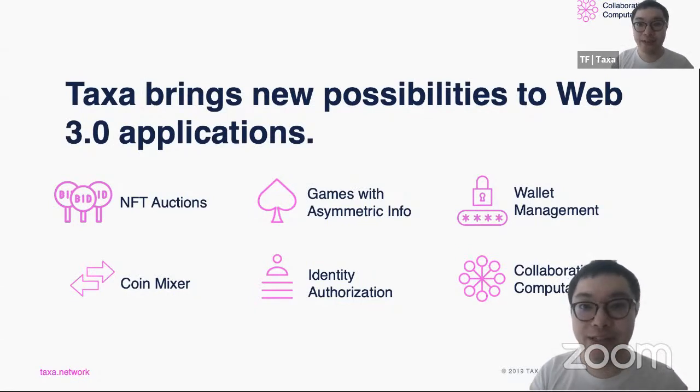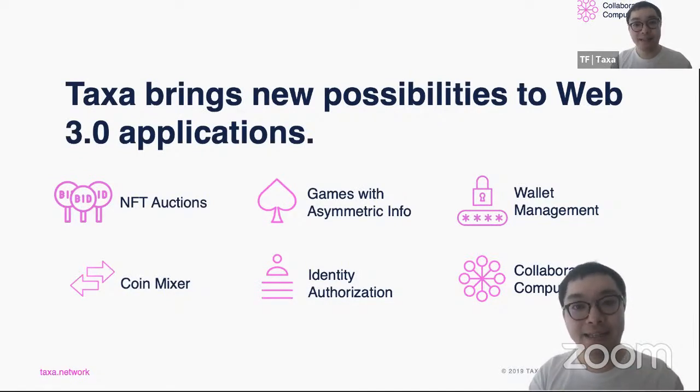For example, in the NFT field, we can implement blind auctions instead of on-chain auctions, which come with a high gas fee and are also not entirely fair. And we can put the auction process off the chain, interactive and privacy preserving. And games also contain a lot of use cases in the GameFi industry, especially those games with information asymmetry and interactivity.